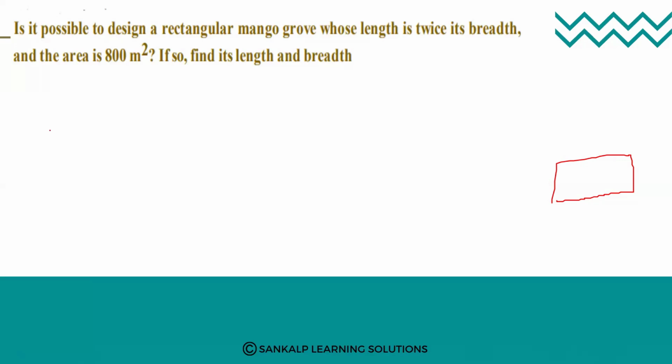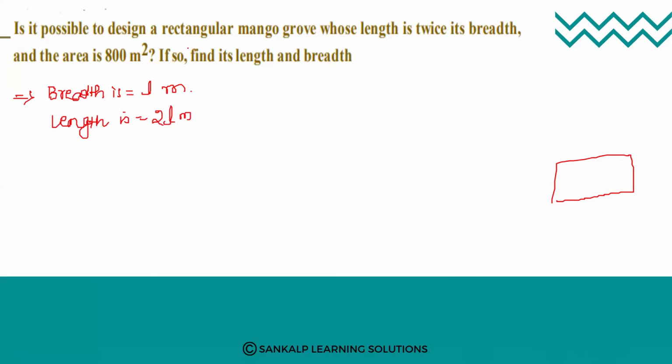So for that, consider breadth is L meter. When breadth is L, length is twice its breadth, that is 2L meter.